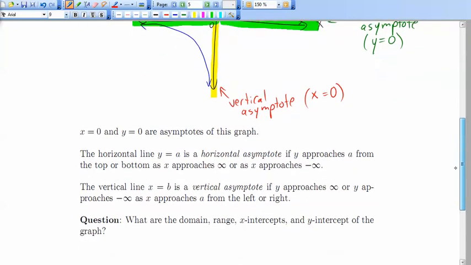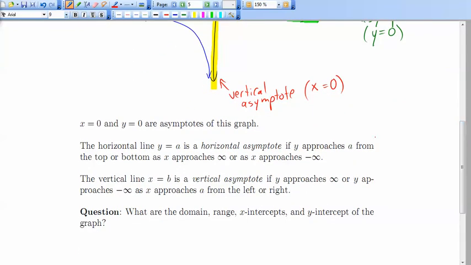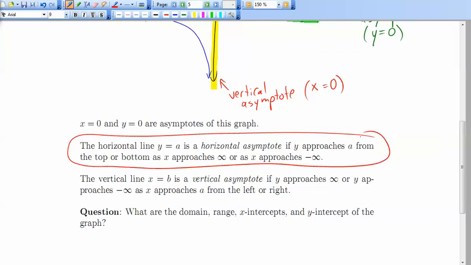Another way to think of your horizontal asymptote is to think about what y values are approached when x gets very large, as it approaches infinity, or when it gets large but negative, as x approaches negative infinity. If they all calm down to a certain value, let's call it a, then we'd say y equals a is a horizontal asymptote.